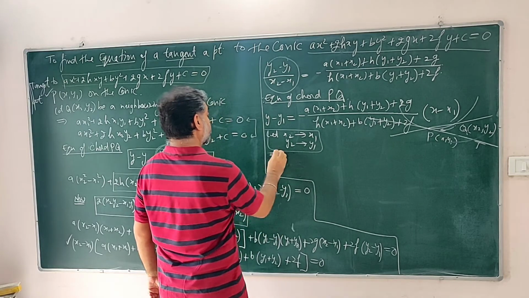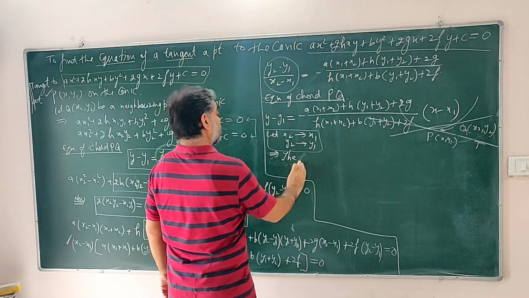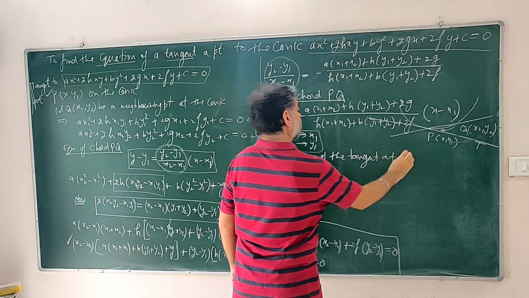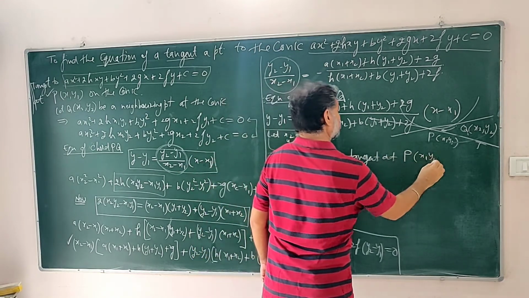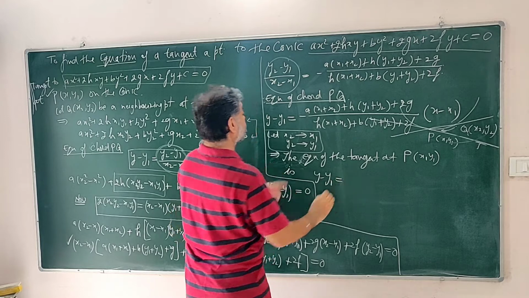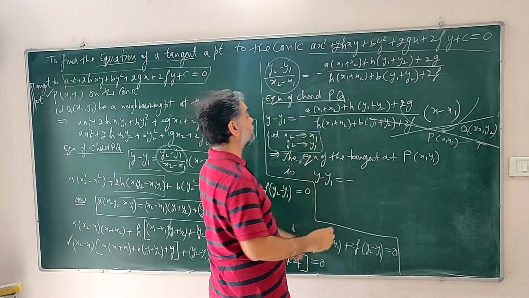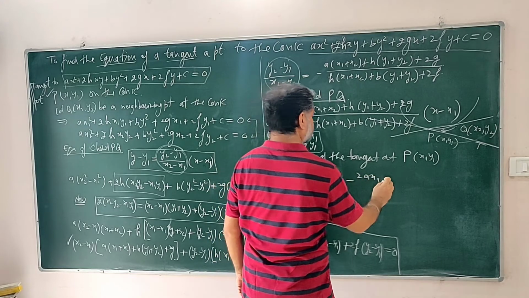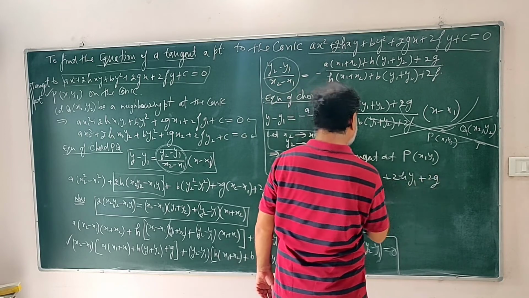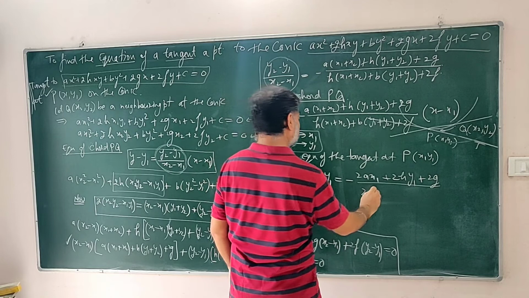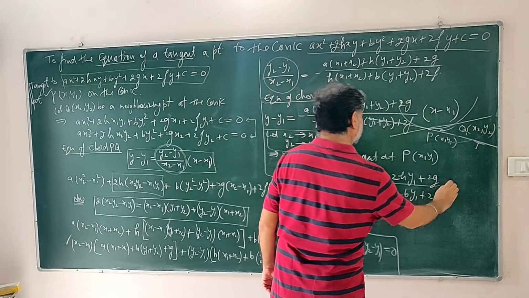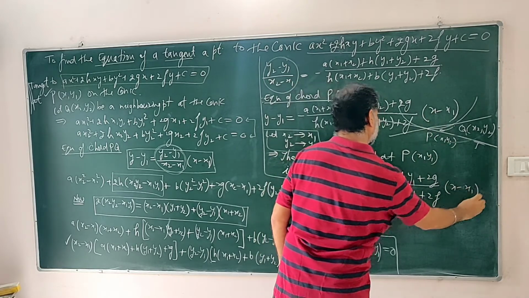So this implies the equation of the tangent at P(x1, y1) is y minus y1 is equal to, as x2 becomes x1 and y2 becomes y1, minus [2a x1 plus 2h y1 plus 2g] divided by [2h x1 plus 2b y1 plus 2f] into (x minus x1).